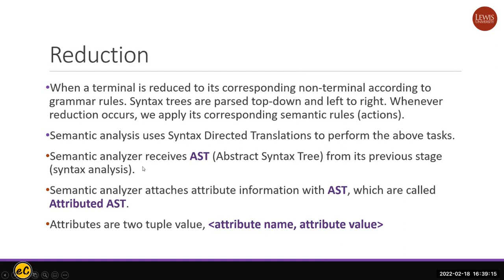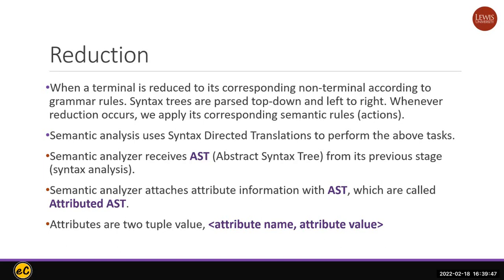The semantic analyzer receives the AST, the tree, from the previous stage, the syntax analysis. Then we need to decorate it. So the semantic analyzer attaches the attributes to the AST. The semantic analyzer is based on your context-free grammar to add the decorated annotation to the tree. So it is also part of the parser. The first part of the parser is based on your context-free grammar to generate a tree.